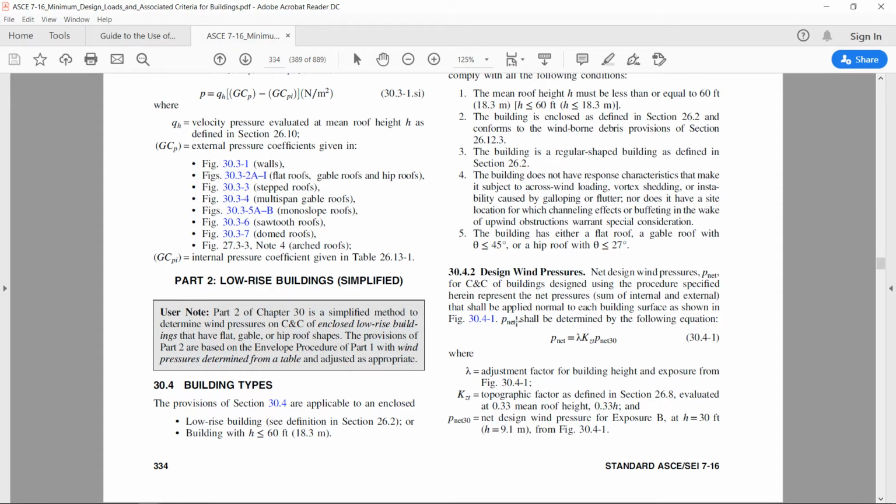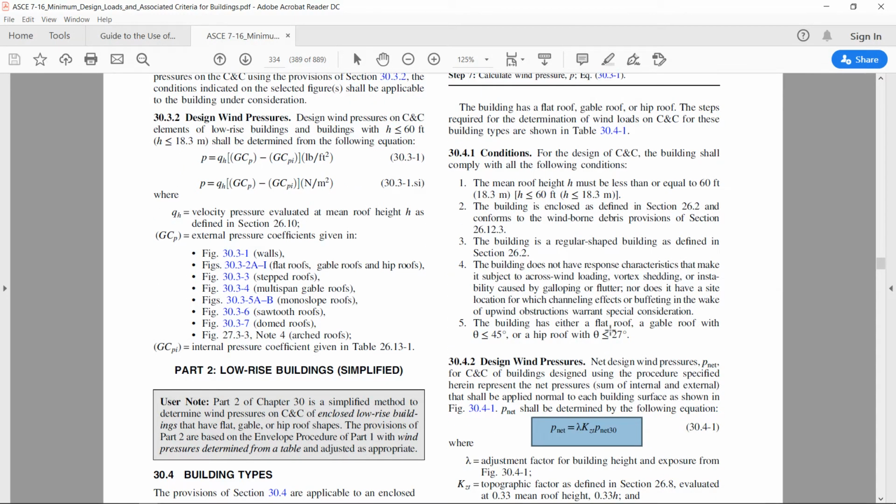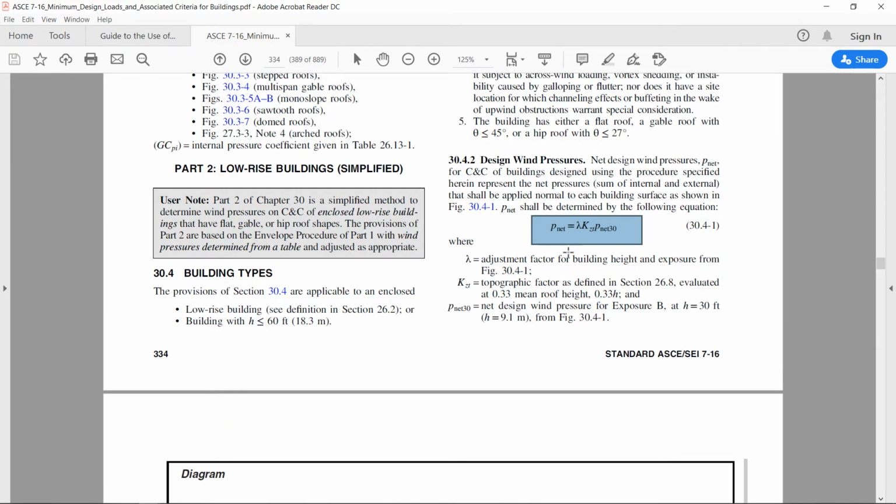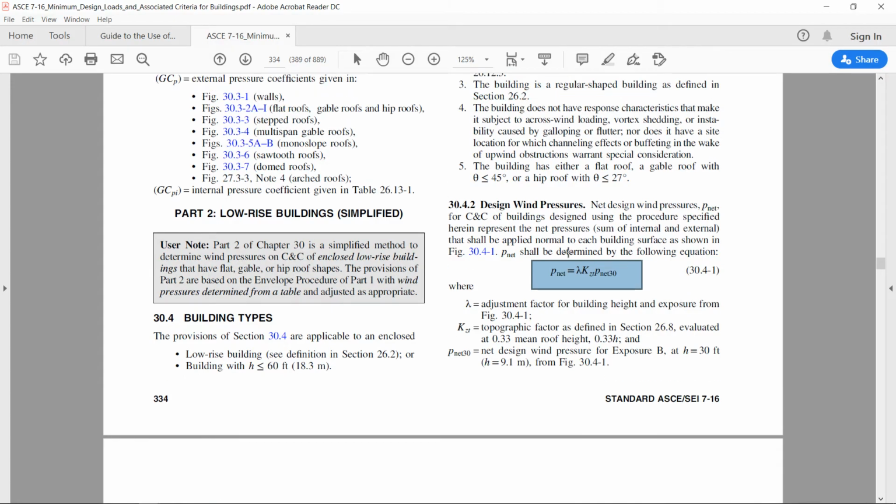So again you can see the net pressure is calculated with a similar formula where no more I is used, rather KZT is used. The conditions are there. We have already checked that these are satisfied. And then P net 30 can be calculated from figure 30.4-1. So let us see figure 30.4-1.